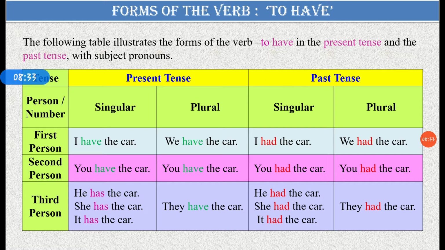If we talk about first person, in to have forms we use have with I in present tense, and in past tense we use I had. Same in plural: we have, or in past we had. These are the to have forms of the verb: has, have and had.